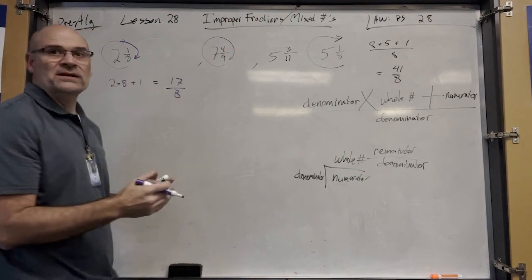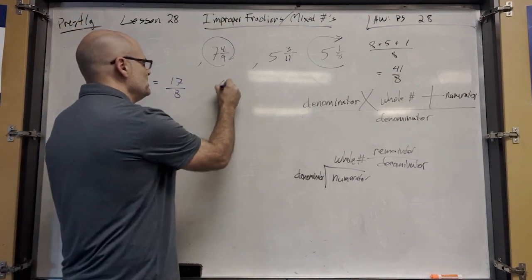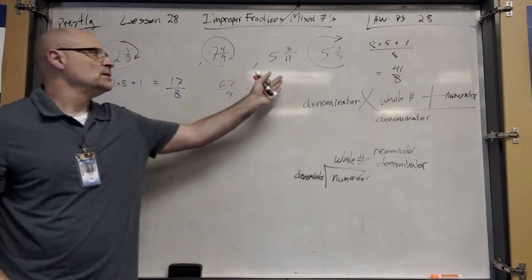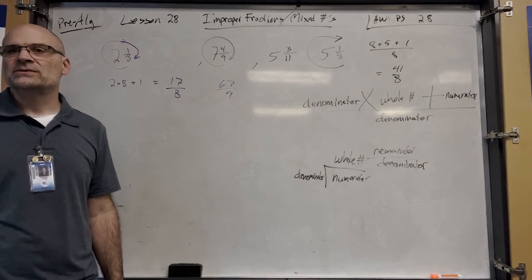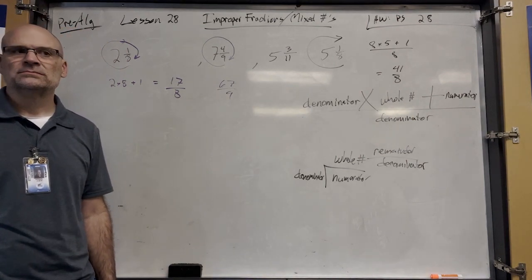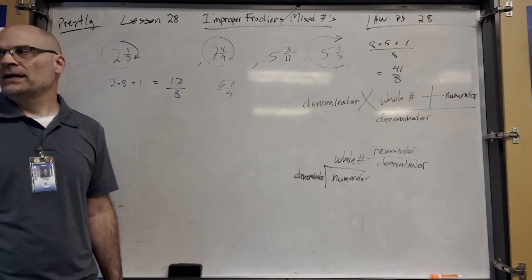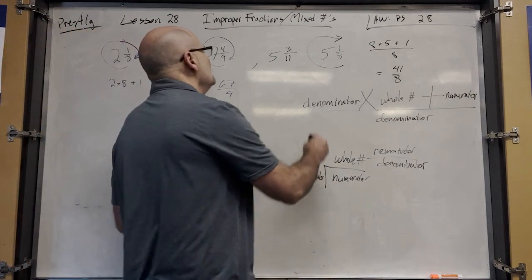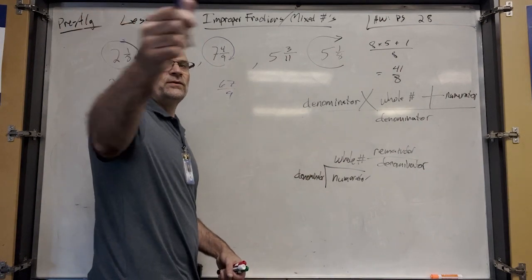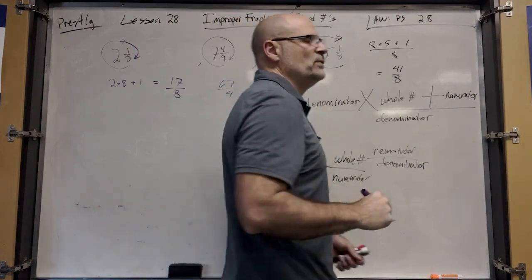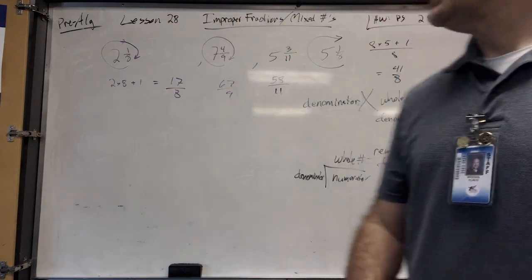So 63 plus 4 is 67, all over that same denominator. Who's got this one? 5 3/11. Annie? 57. 58. That's right, you're just off by 1 there. 55 plus 3 is 58.